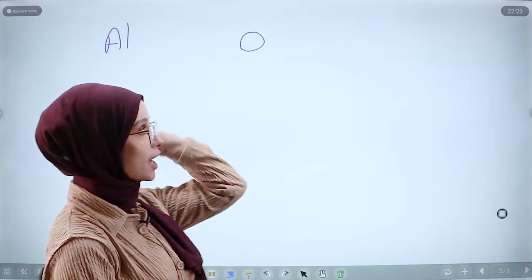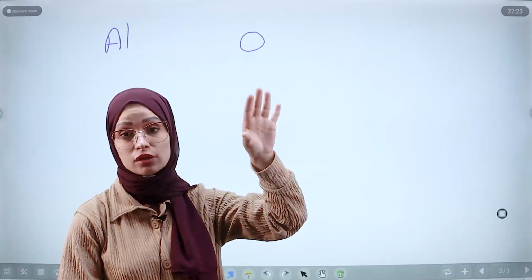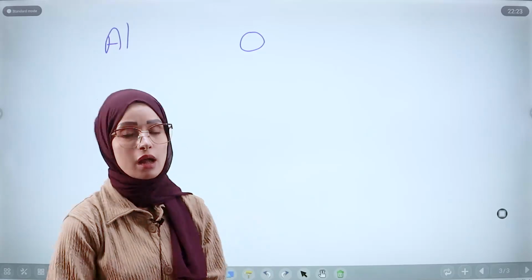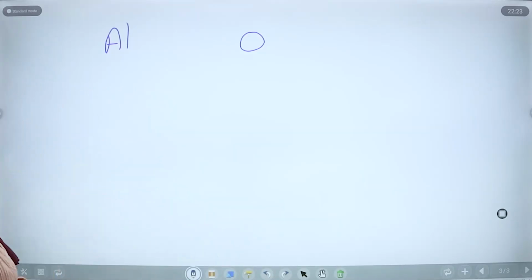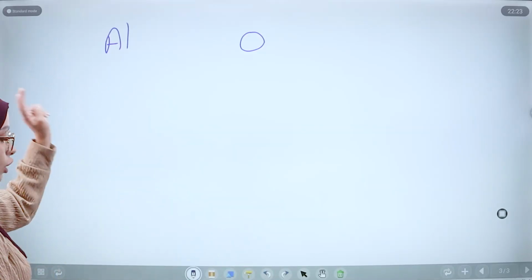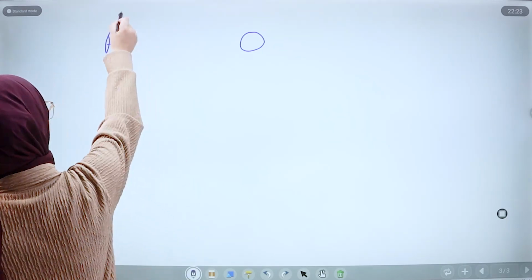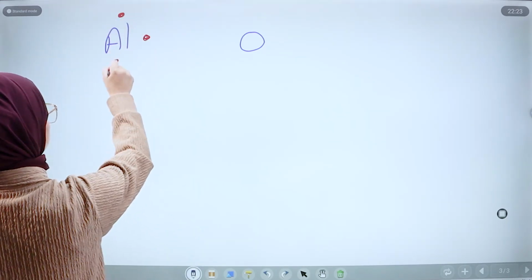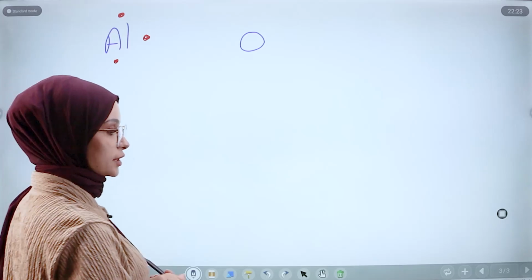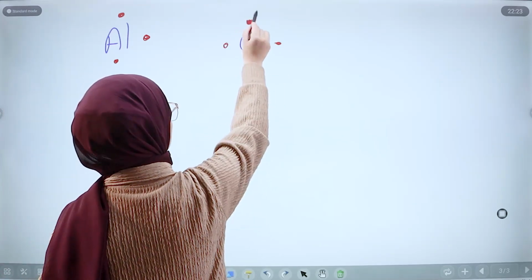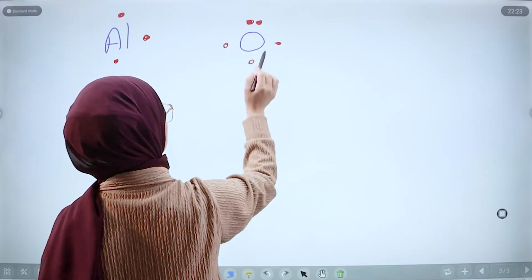But you have to know the drawing, because in your external exams, the drawings actually come a lot. The aluminum is in group number 3, so I will draw only 3 electrons: 1, 2, 3. Oxygen is in group number 6, I will draw 1, 2, 3, 4, 5, and 6.